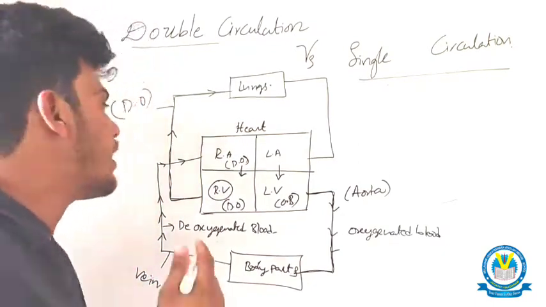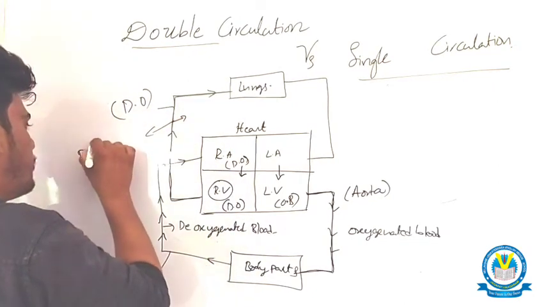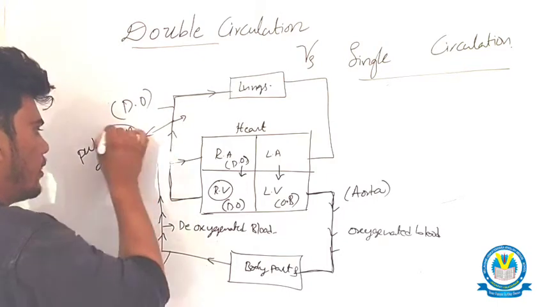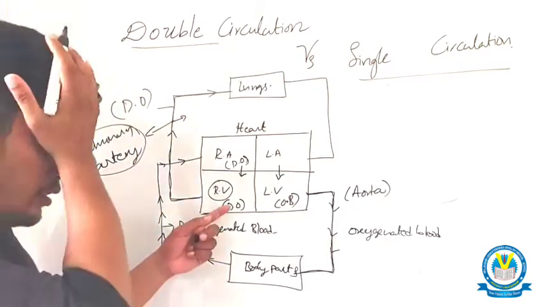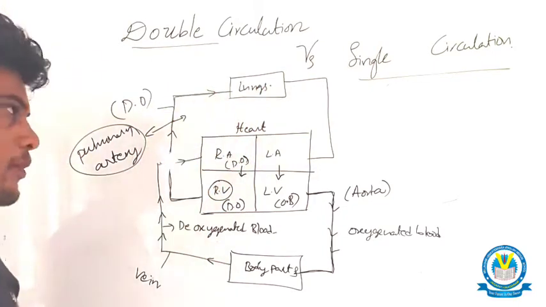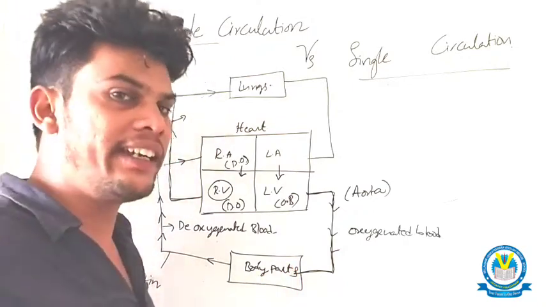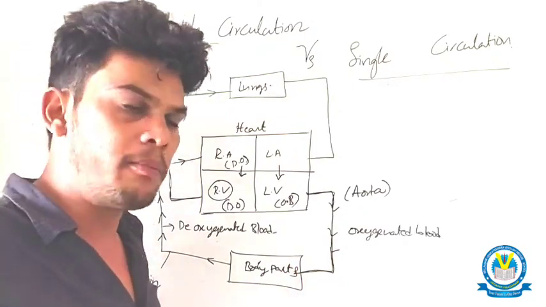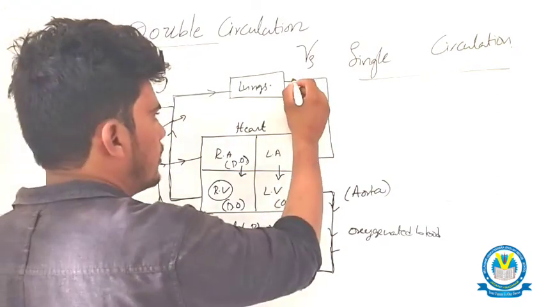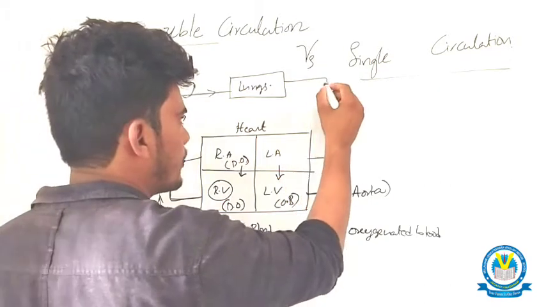From the right ventricle, the deoxygenated blood goes to the lungs through which vessel? This vessel is nothing but the pulmonary artery. So this deoxygenated blood goes to the lungs through the pulmonary artery. In the lungs, the deoxygenated blood is converted into oxygenated blood by oxidation.